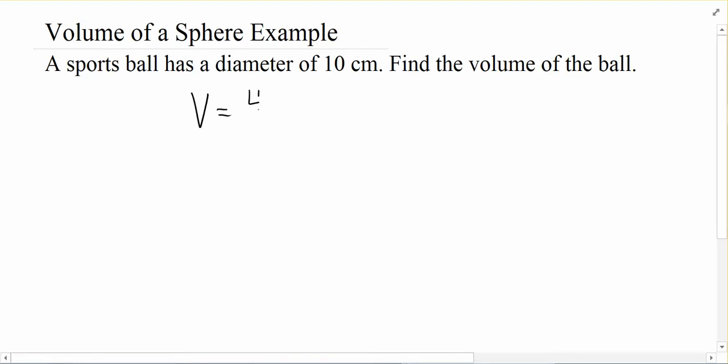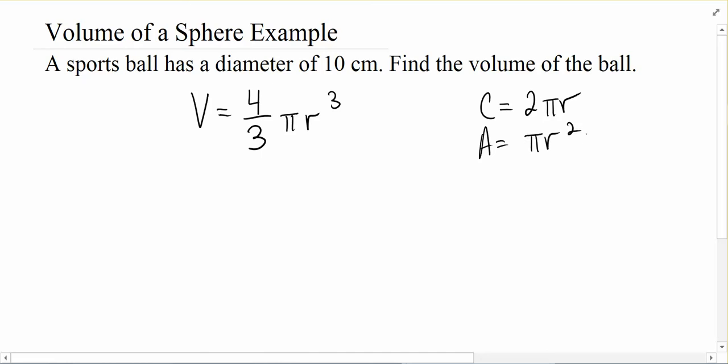The volume for a sphere is 4/3 pi r cubed. Now again, take a look at the power of r. For circumference, it was 2 pi r. For area, it was pi r squared. And for volume, it's 4/3 pi r cubed.